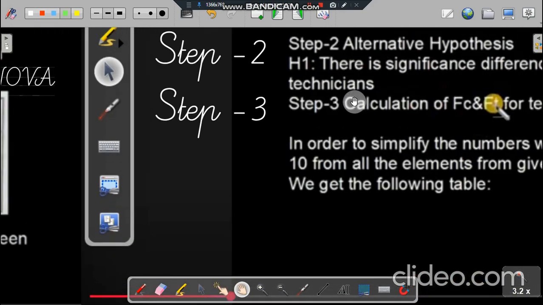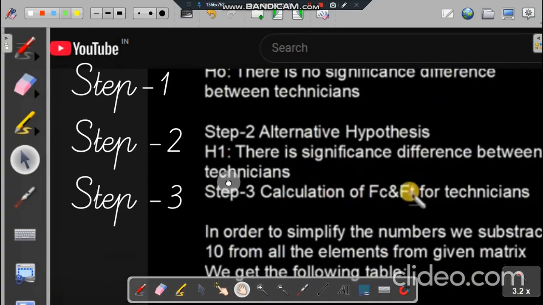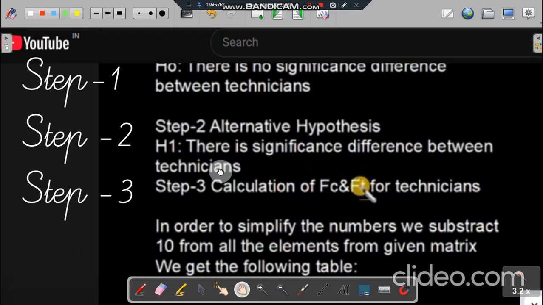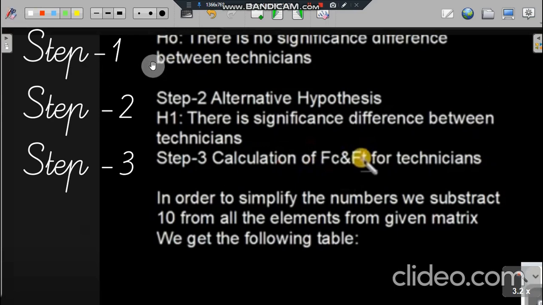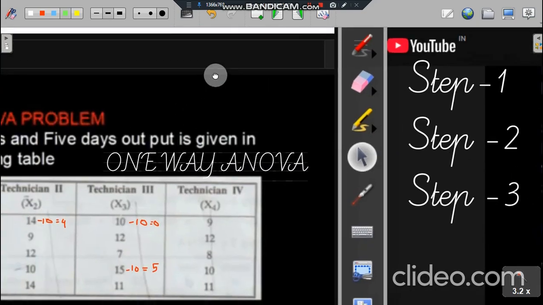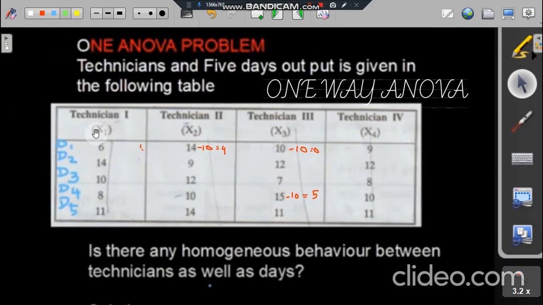We know already there are certain steps. I told you 6 steps are there, and through these 6 steps we have to solve it. The first step is the null hypothesis. We assume here that the 4 technicians have homogeneous character; they have acted equally.